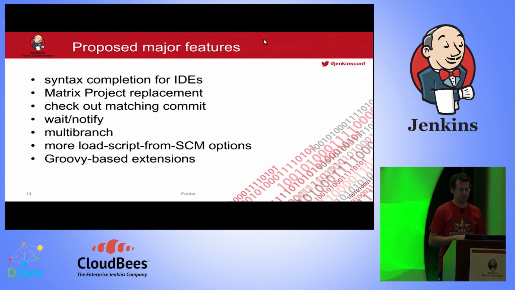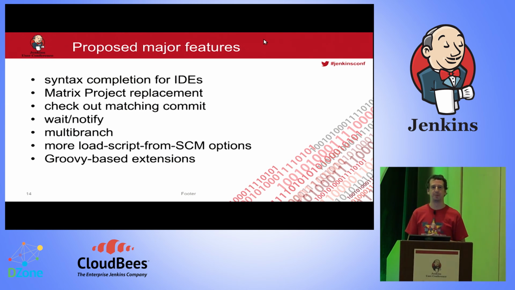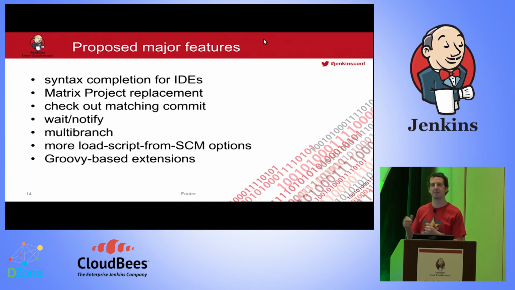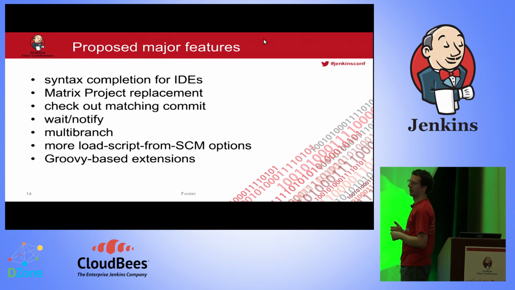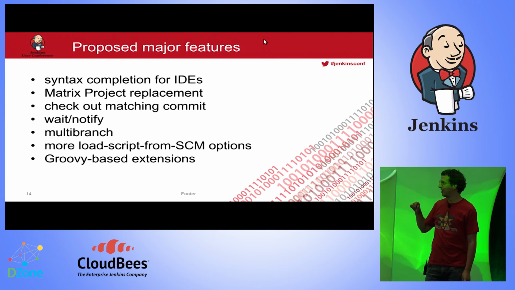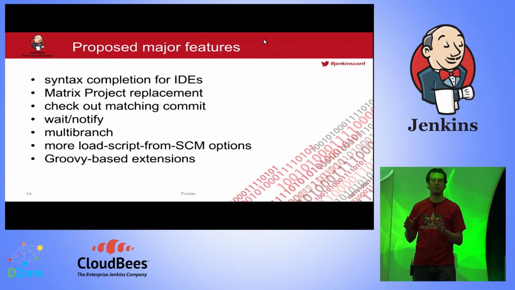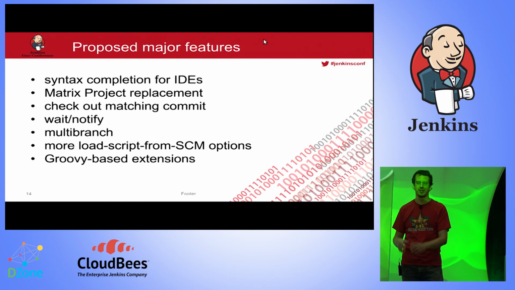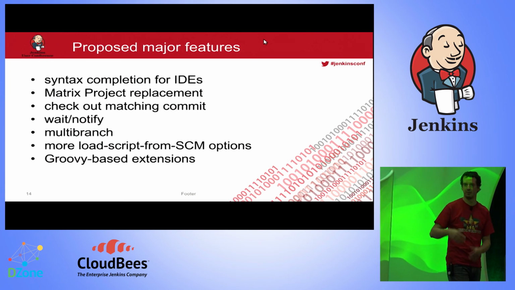And one special area is making it possible to create custom DSLs without actually writing a Jenkins plugin. So this Docker dot syntax that I showed is implemented as a Jenkins plugin, although most of the high-level syntax is actually just a Groovy script.